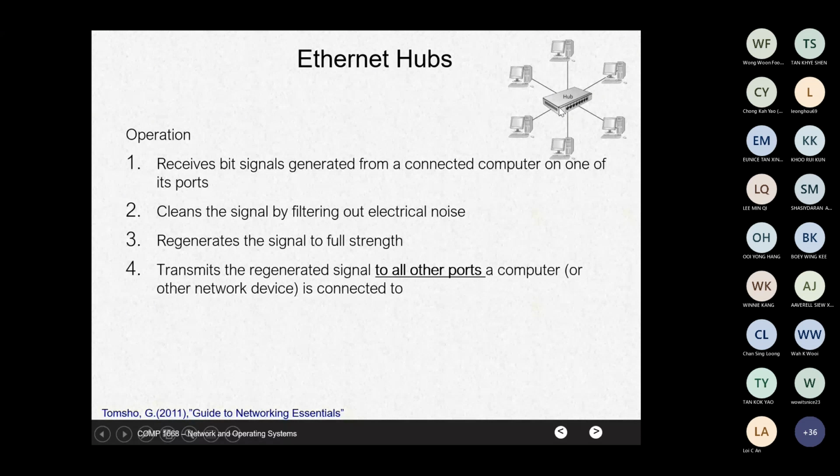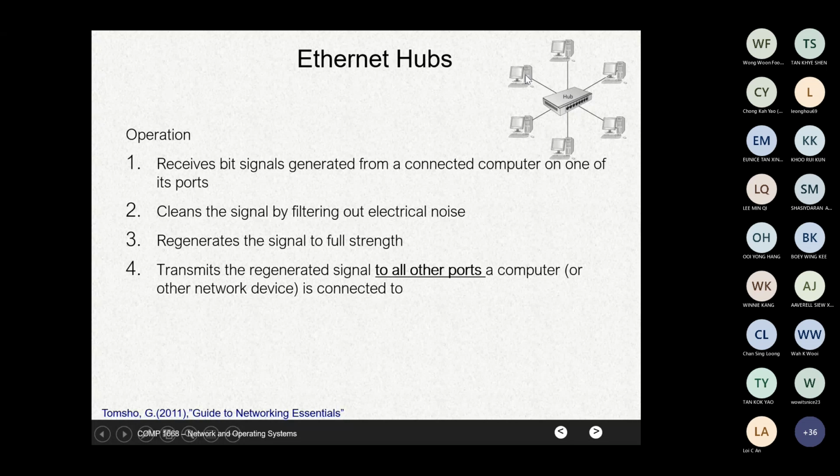That is the job of the repeater. Let's say the cable here, look at my mouse, is 100 meters, then it is beyond the communication range. So you need this hub to regenerate the signal. Otherwise, the signal cannot go to the other end.